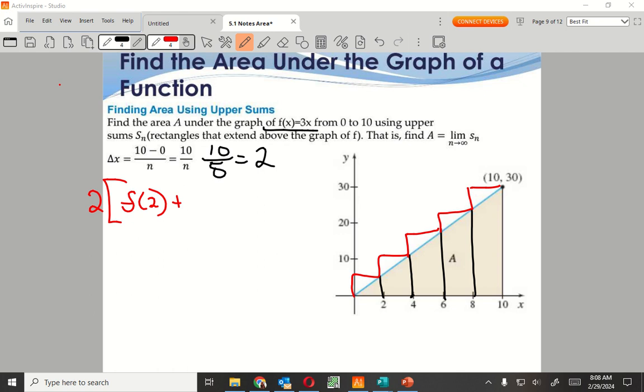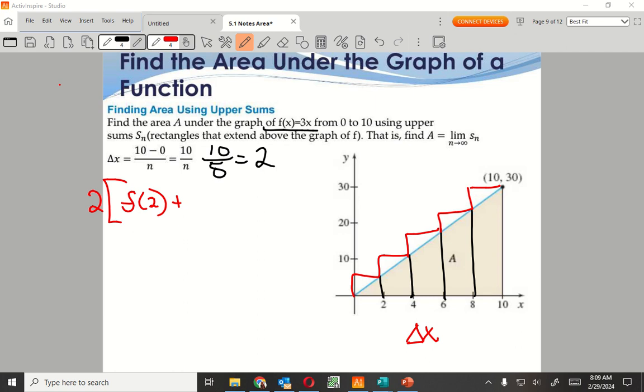All right, Denny, are you following on this? Are you sure? Where did I get the 2 from? Yeah, because we have 5 parts, and that's the width of every single one of these. We have 2 from here to here. This is referred to as my delta x. If I was going through formulas, my delta x would be out front. Whatever my width is, that's my common factor.